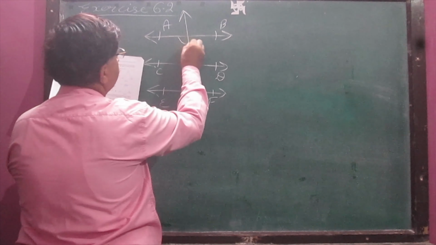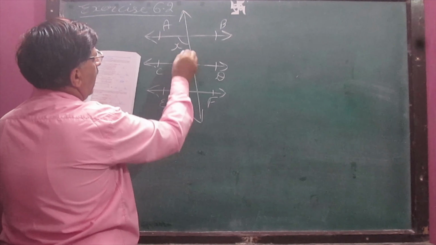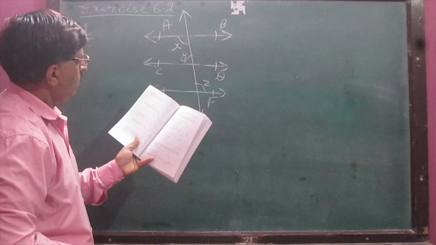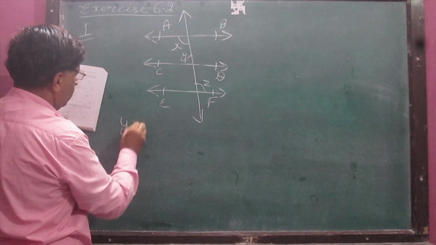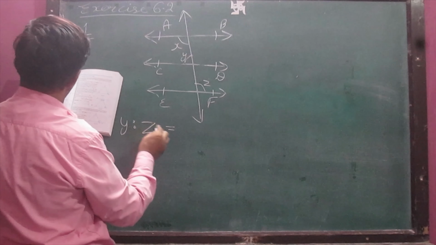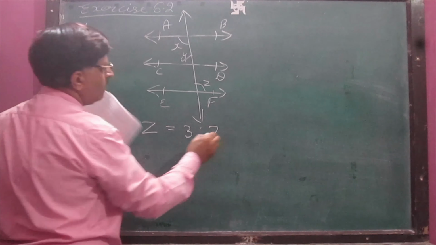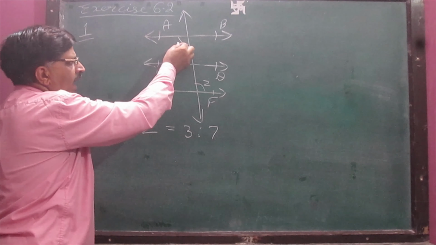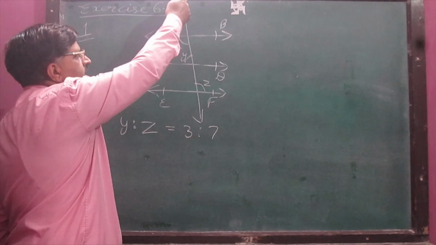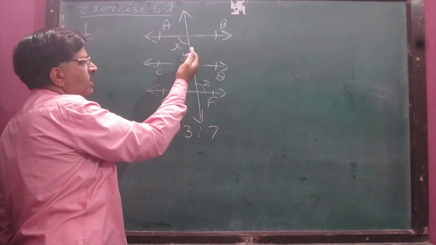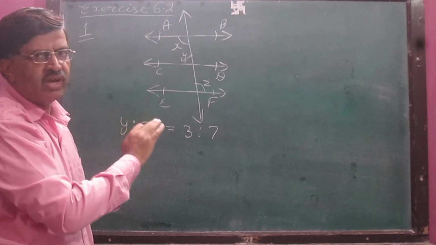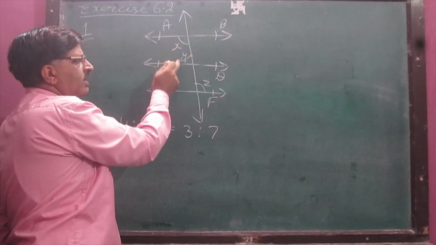Now see, the question: the figure is ready before you. X, Y, and here it is Z. Now, what is given? Y ratio Z is 3:7. Here X and Y are visible to be co-interior angles. This is the transversal line, and two interior angles on the same side of the transversal, meaning a common side, and interior meaning inside angles.